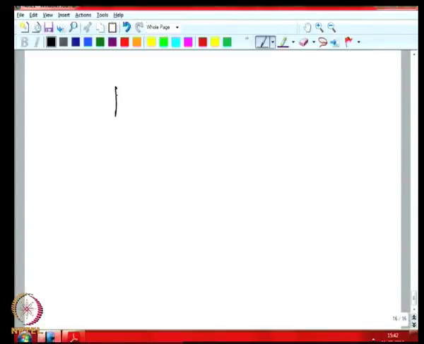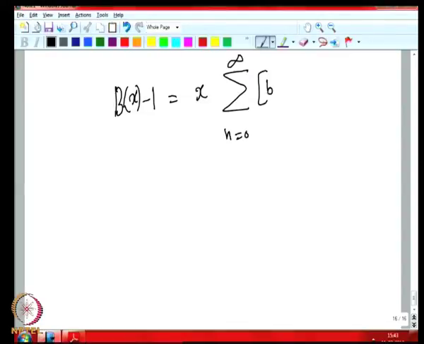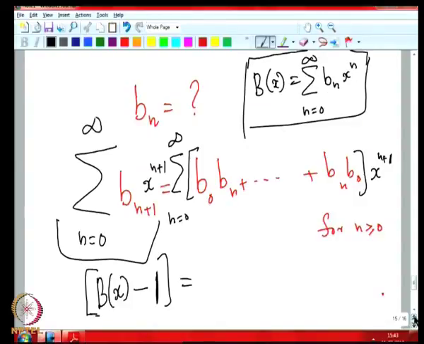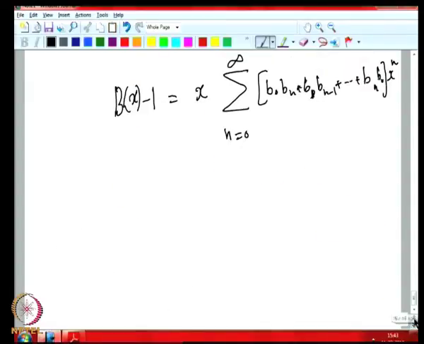So, this is what we are getting, b of x minus 1 is equal to x into sigma n equal to 0 to infinity of b0 bn plus b1 bn minus 1 plus all the way to bn b0 into x raised to n, if you pull out x, right. And this is actually x into, we can claim that this is b of x square. Why is it so?